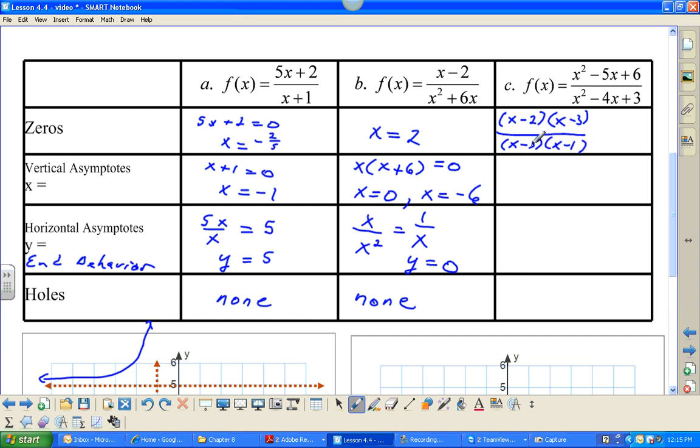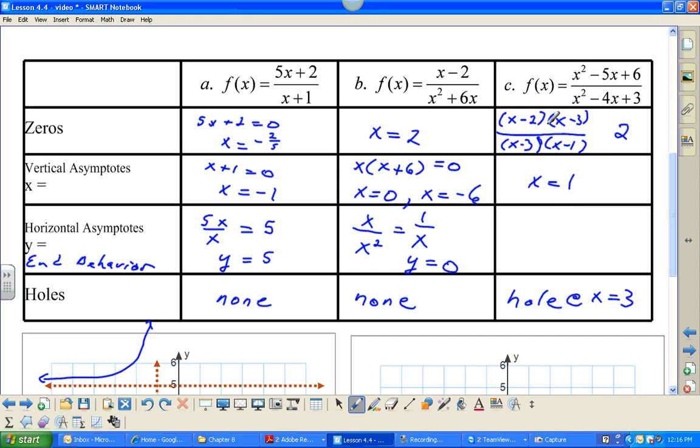So you can see that in this case, we do have a common factor of x minus 3 in both the numerator and denominator. And so that tells us there's going to be a hole at x equals 3. Okay. So that means then that there's only a 0 at positive 2 where the numerator is 0. And for vertical asymptotes, there's only going to be one of them, and that's when x equals 1.